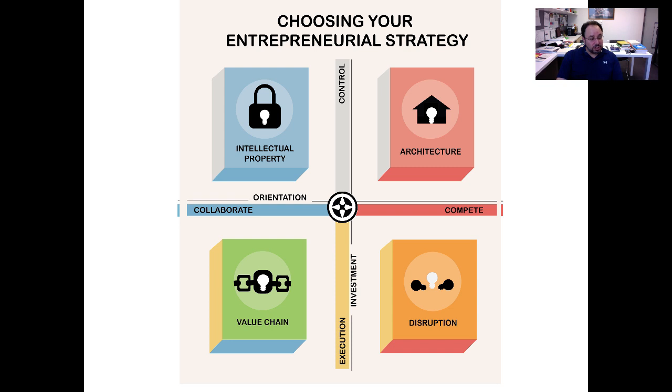For instance, if you want to know where the lean startup exists, it's in the disruption box. You'll always focus on compete and execution. Not much talk of patents with the lean startup movement. Okay. If you want to see where Peter Thiel's Zero to One exists, well, that tends to be in architecture and intellectual property. Okay, wants a monopoly. Why? That's what you should be aiming for. All about control.